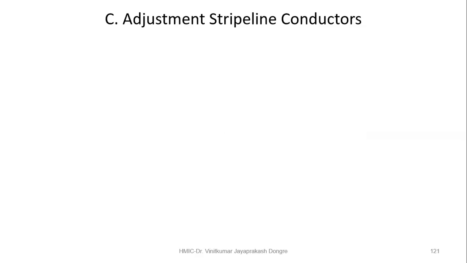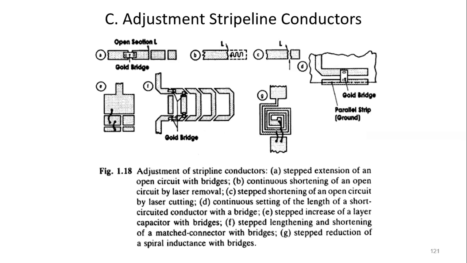Then adjustment of the stripline conductor. If you have a stripline conductor, how can you do the adjustment of that? Here you can have the strip extension on the open circuit with a bridge. So this way, with a bridge you can do the extension, or the continuous shortening of an open circuit by removing this layer.